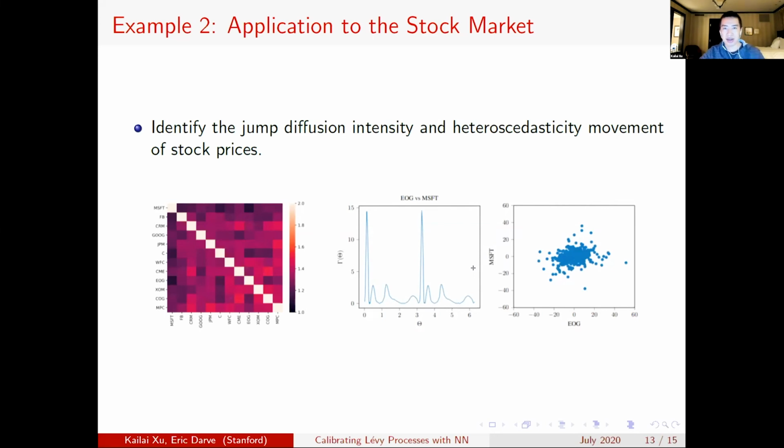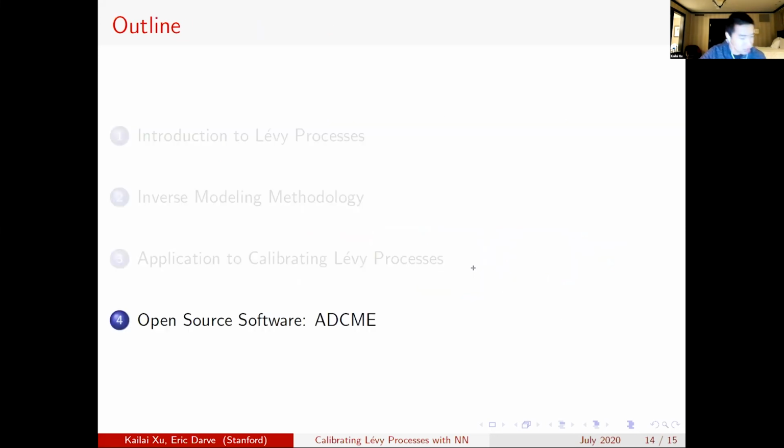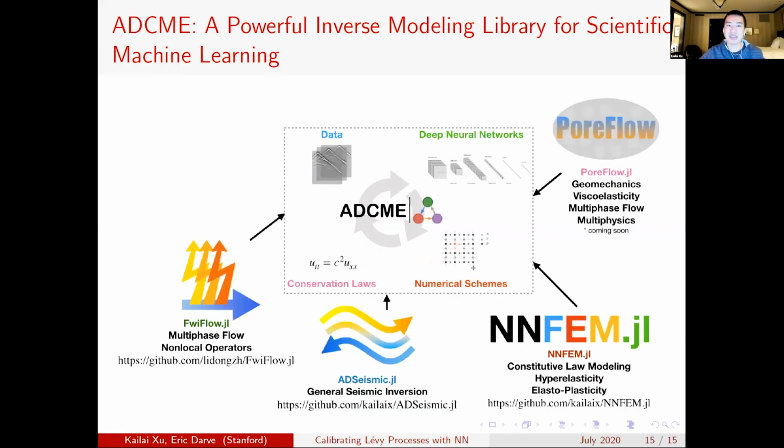Okay, I think I reached the end of my talk, and I would like to introduce the software we use for this work. It's called ADCME, an inverse modeling library for scientific machine learning, and it's based on automatic differentiation, so you can use numerical schemes and quadrature rules, as well as neural networks, in a single framework.